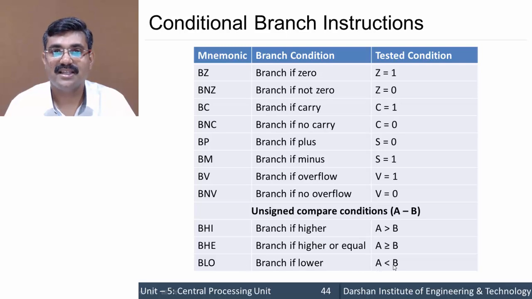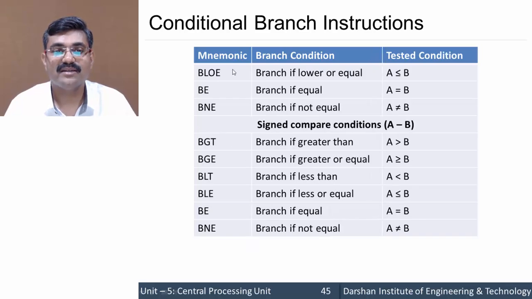That means if A is less than B, then jump or branch, otherwise not. Same way we have BLOE, branch if lower or equal, branch if equal, and branch if not equal. So you can see that these are conditional statements which change the flow of sequence based on the conditions.